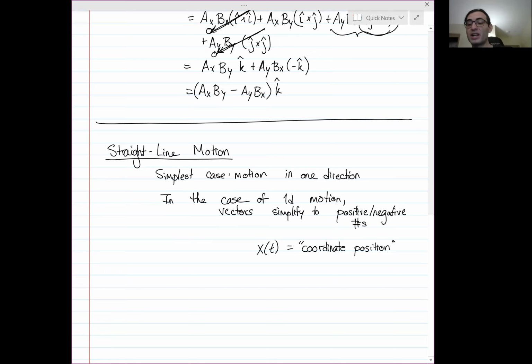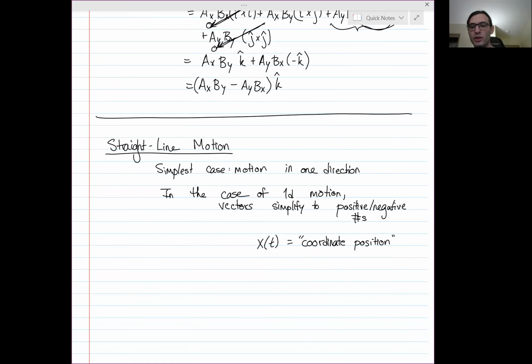So we don't have to have an I hat here, because we're only working along the x-axis. It's just unnecessary window dressing at this point. All right, so hopefully you understand why we don't have to work explicitly with vectors when we're talking about straight line motion in one direction, in one dimension. That's just because the vector notation doesn't provide any useful information.